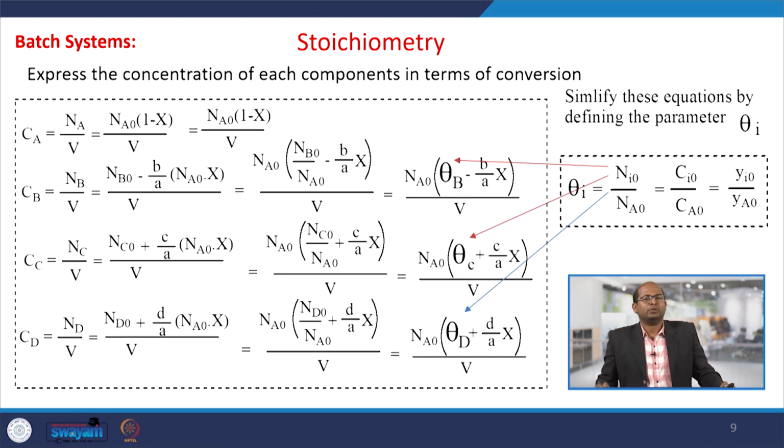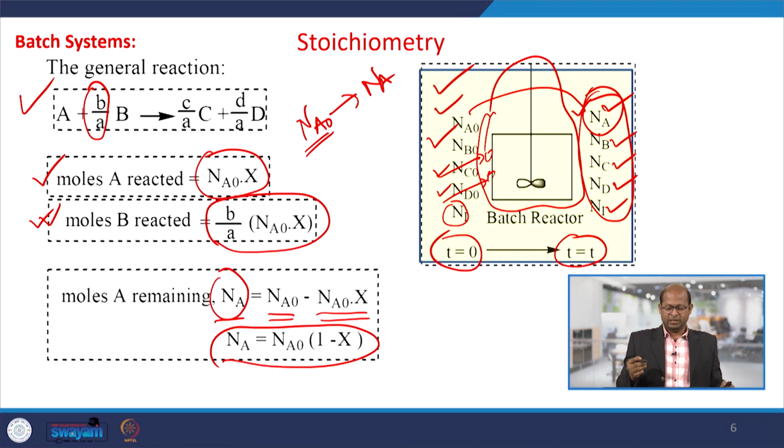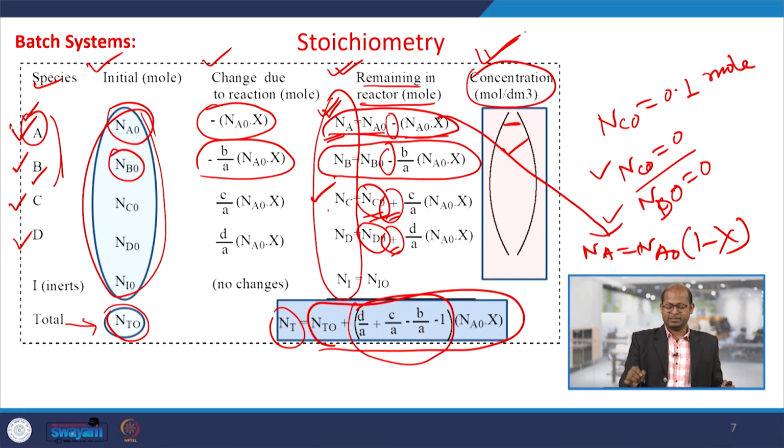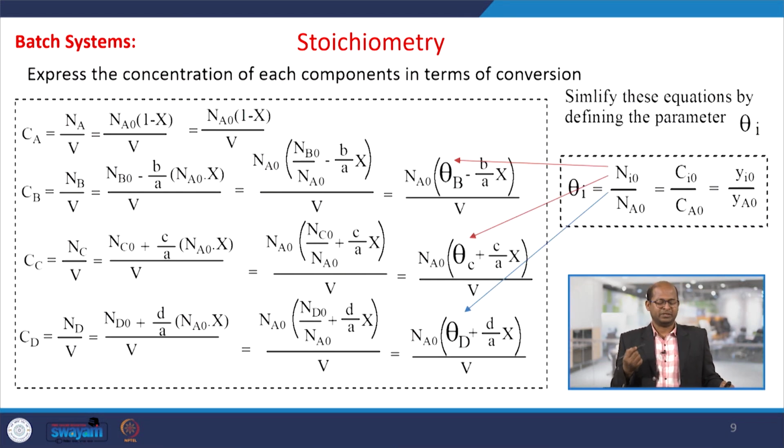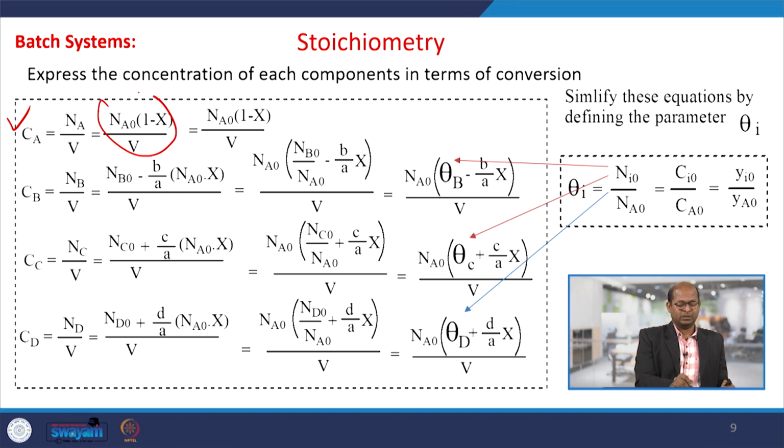Okay. So, now the right hand side of this part, this concentration that was empty, here we will put individual component concentrations in terms of mole per dm cubed, meaning we are including the volume part. Initially it was in terms of moles, now we are expressing in terms of concentration. So, Ca equals Na by V equals this, and then we are writing this.